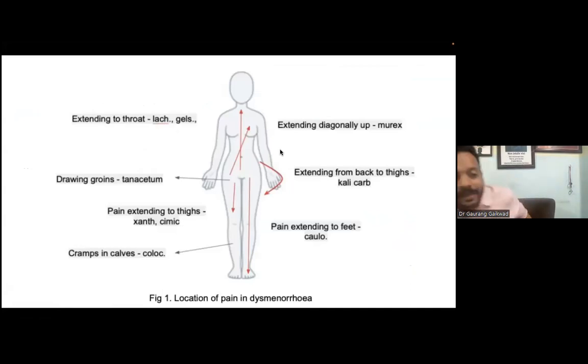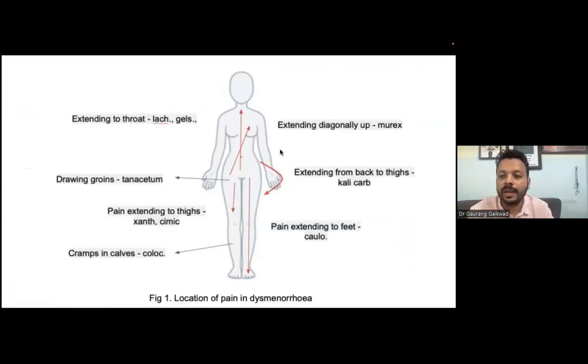I have exactly 30 minutes and I have to tell you the top 10 remedies that I want to talk about, maybe not 10, maybe 20 remedies that I want to tell you about in dysmenorrhea. Can I go a little fast? Say yes. Like a rapid fire differential materia medica.